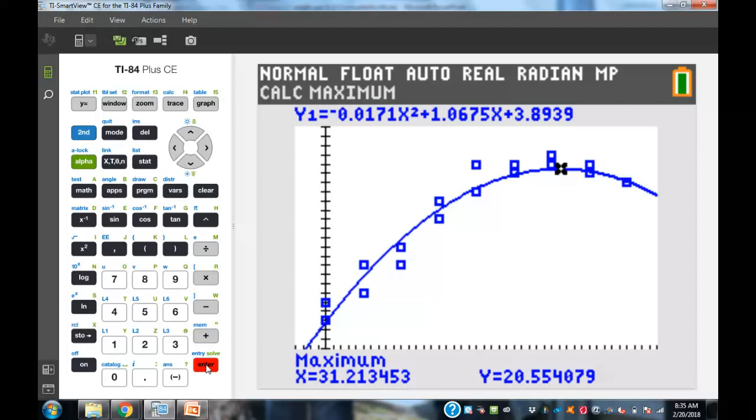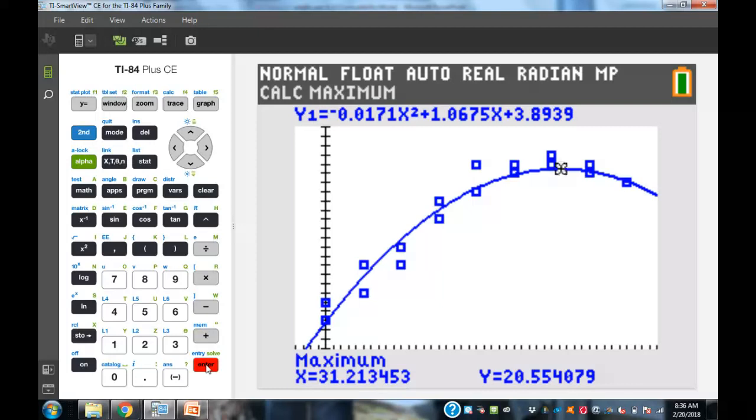How else could you do that? You should be very, very close to that. It doesn't have to be exactly on it, but it should be very close. You could also do negative b over 2a and then plug that answer into the equation and get your maximum values out of that.